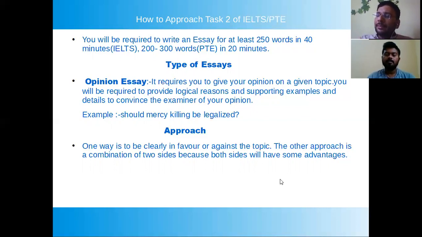As an examiner, I will be looking at your essay to see whether you're able to put across your ideas effectively, right? Are you able to use the right words in the right context? Are you able to frame grammatically correct sentences? And is it a logically coherent argument, right? Does it make sense?